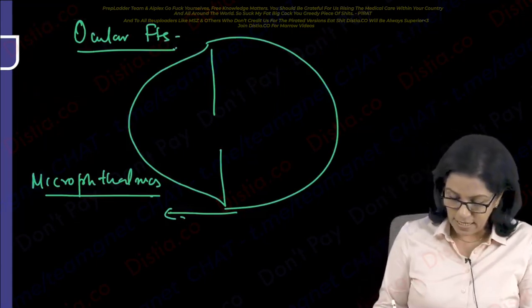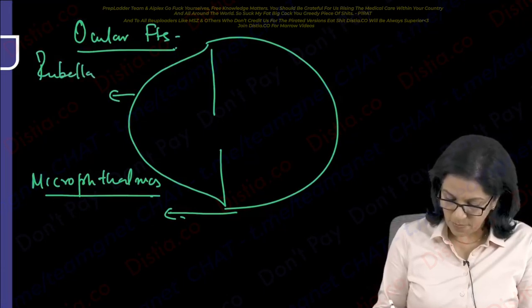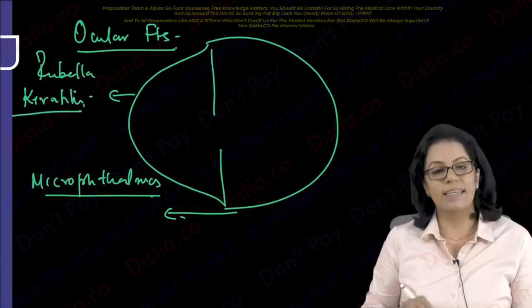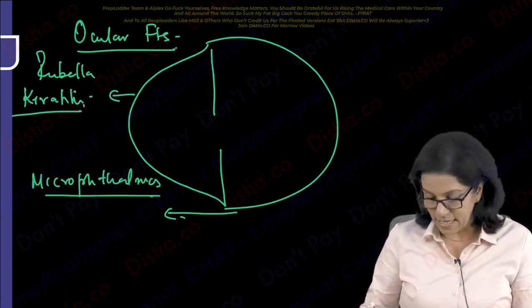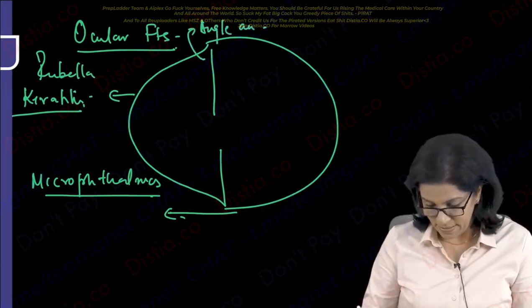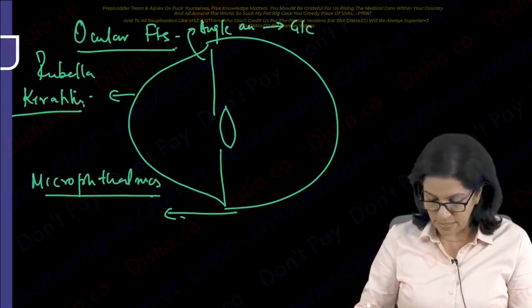What else can I get? We will learn rubella keratitis. So, we are getting keratitis. Then there can be angle anomaly leading to glaucoma. We have learnt about nuclear pearly cataract.